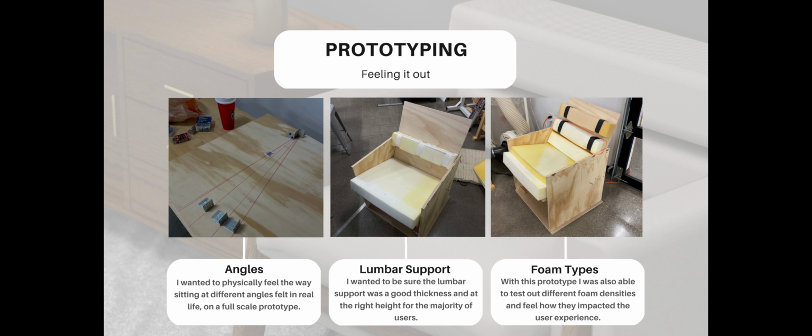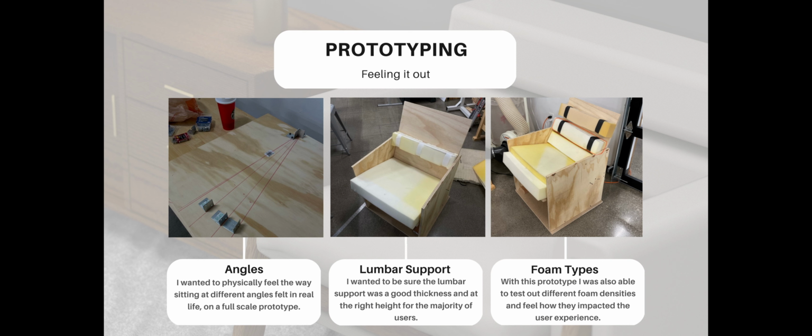Thirdly, I was also able to mess around with different foam types, and foam plays a very large role in how a chair feels. So I was able to collect several foam samples from Fortner, and I was able to set each of them up on the chair and feel what they felt like, and kind of dial in how firm the foam needed to be for the lumbar support, the backrest, and the seat cushion.